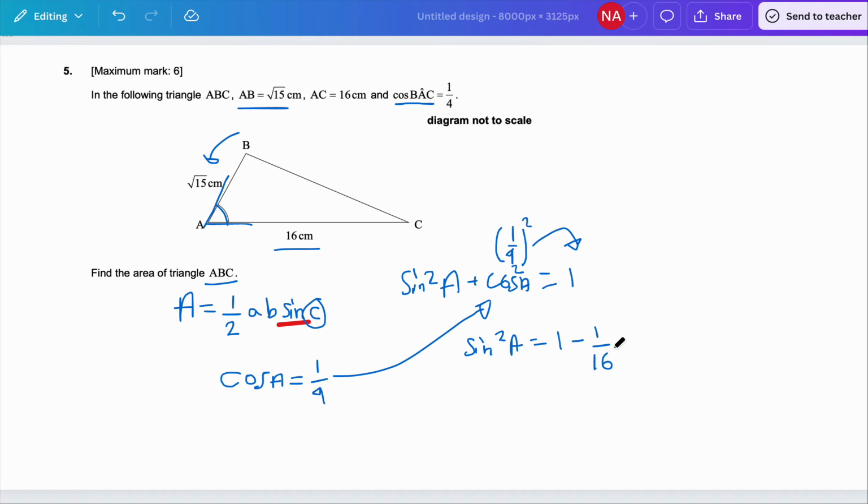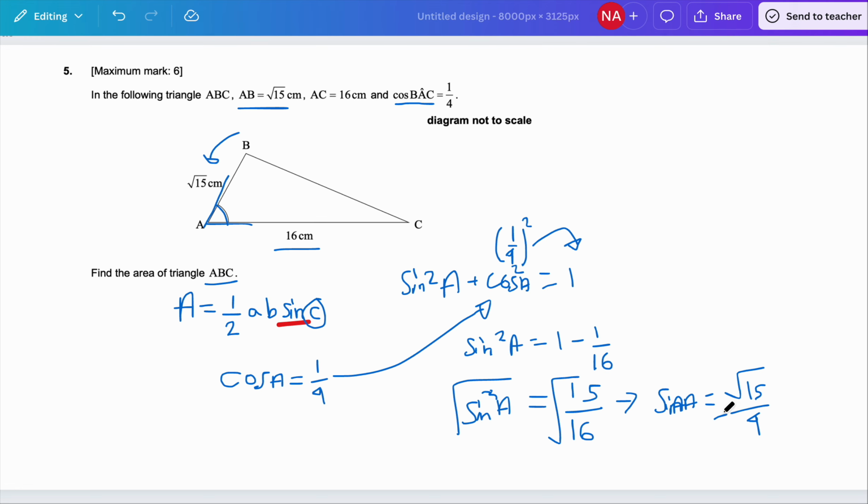Then we can make this fraction a little bit nicer, and get it to go down to 15 over 16. So that would be sine squared A. And then you just take the square root on both sides, which implies that sine A is plus or minus root 15 over 4.